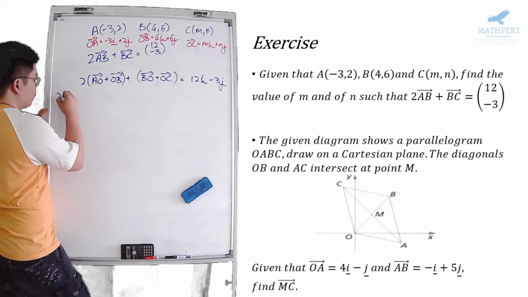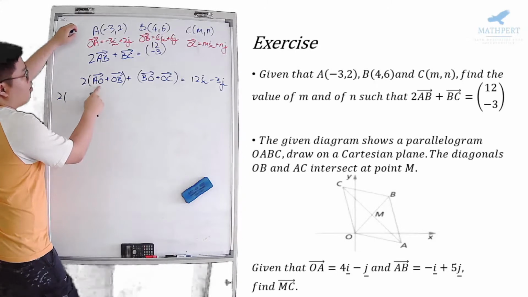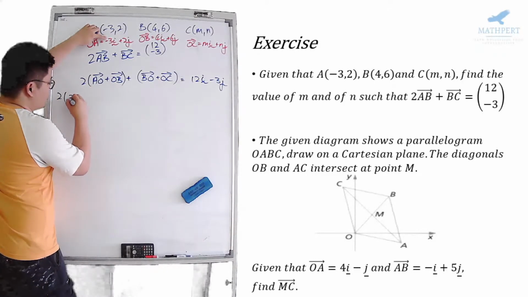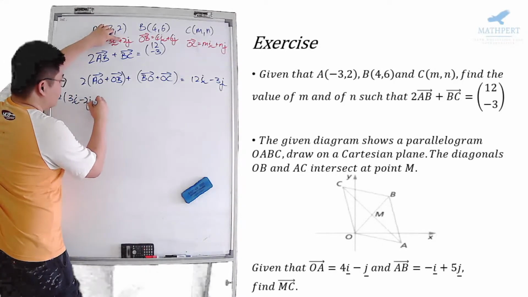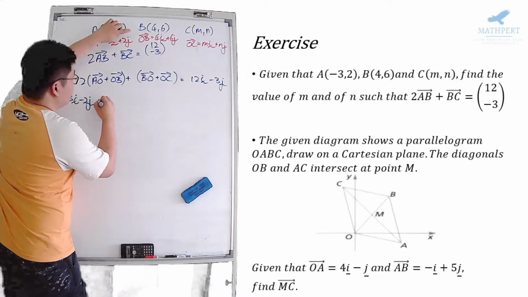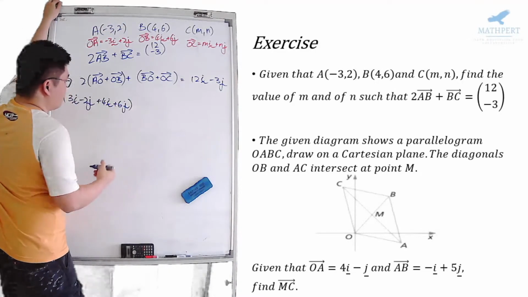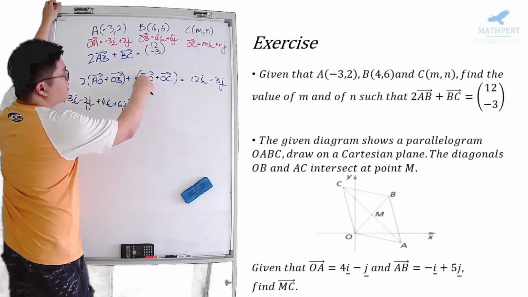So this will be equal to 2 multiply, don't forget your 2. AO is negative OA. Negative 3i, I get positive 3i. Negative 2j plus OB. OB is plus 4i plus 6j. Plus BO. BO is negative OB.